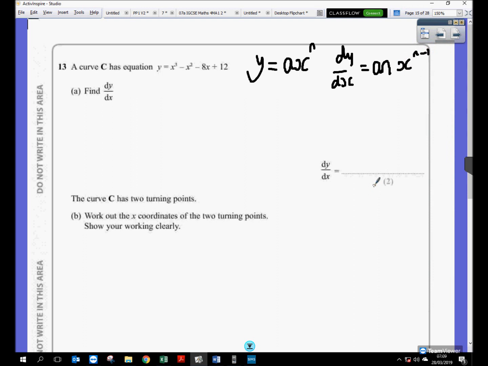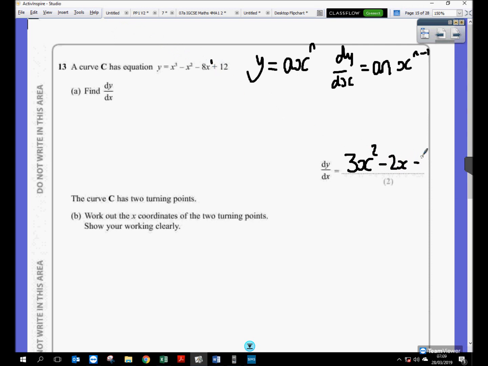So you multiply the index by the coefficient, and you reduce the index by 1. So for dy by dx we have 3x squared minus 2x. With this one there's a secret one though.